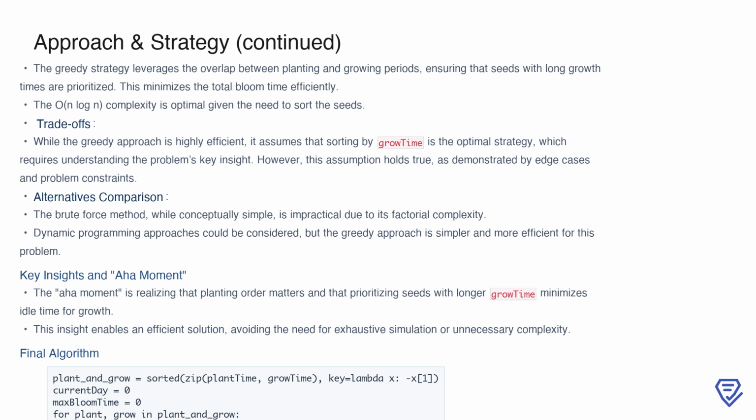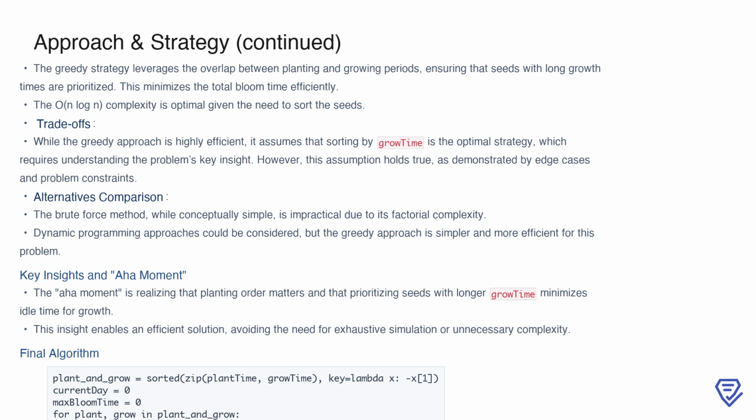Of course, no solution is without trade-offs. The greedy approach assumes that sorting seeds by grow time is the optimal strategy, an insight that requires a clear understanding of the problem structure. However, this assumption holds true, as validated by edge cases and problem constraints. When compared to alternatives, such as the brute force method or potential dynamic programming solutions, the greedy strategy stands out for its simplicity and efficiency.